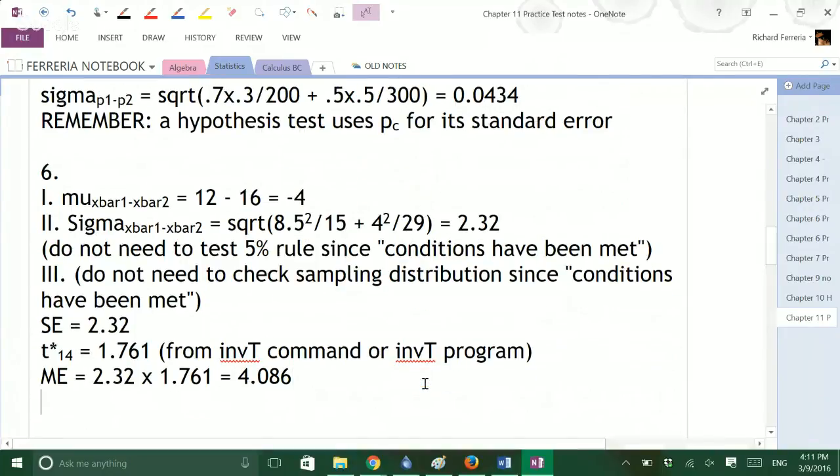And finally, we have the interval itself.